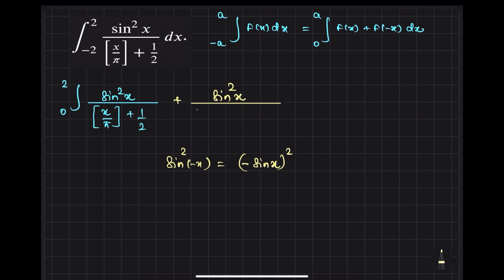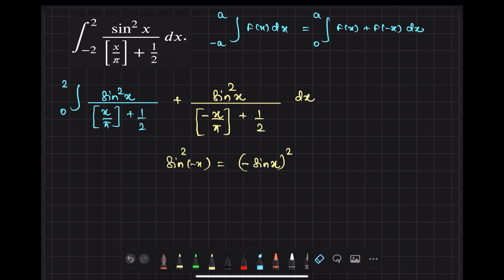We don't know how the box function will respond, but for time being I'll be replacing x with minus x. Now we have this situation. Now we have to understand this box of minus of a number. Suppose we have box x plus box of minus x.